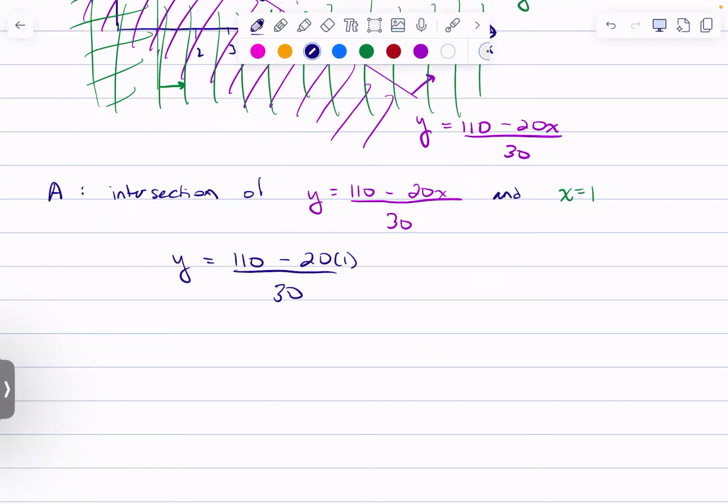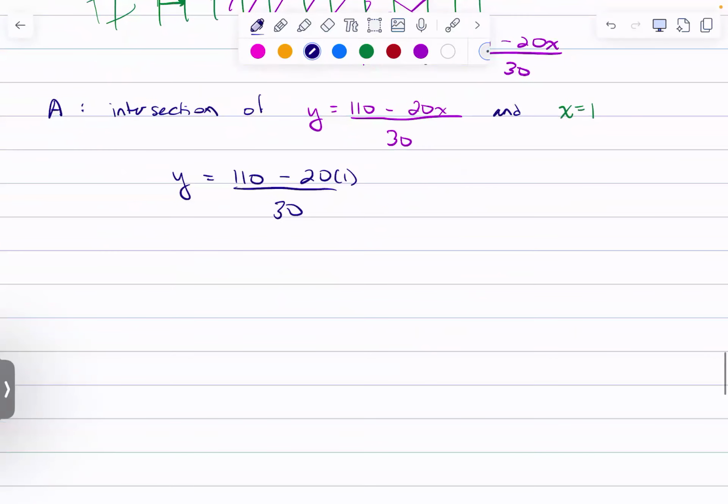I get 110 minus 20, which is 90. 90 divided by 30 is 3. We forced x to be 1, right? All on that line, x has to be 1. And so then the intersection is at (1, 3). That's a nice number.